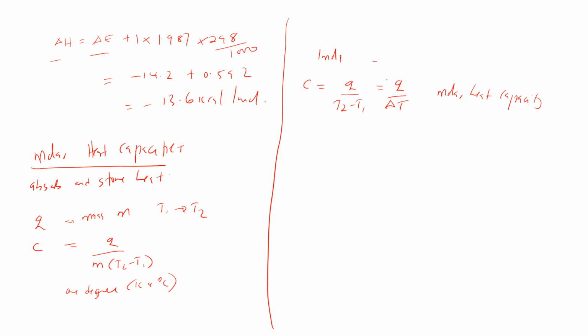Molar heat capacity. By definition, the molar heat capacity of a system is defined as the amount of heat required to raise the temperature of 1 mole of a substance or system by 1 Kelvin.